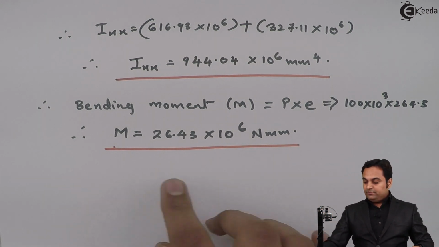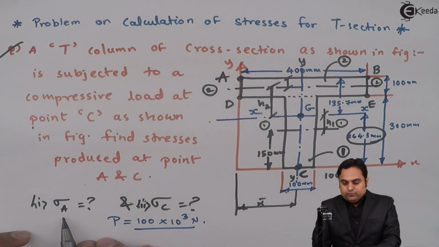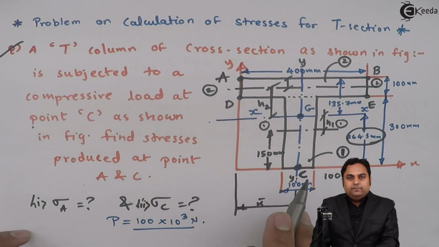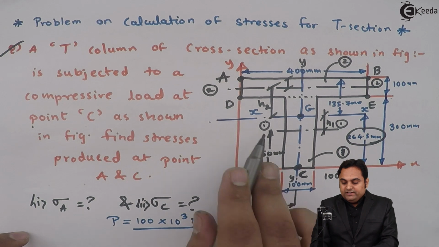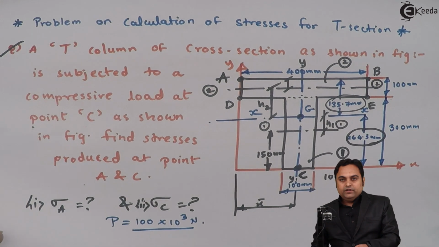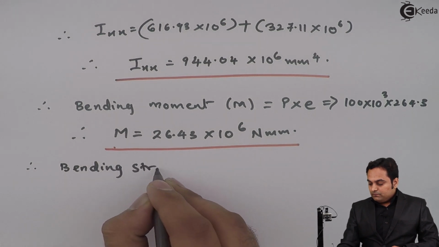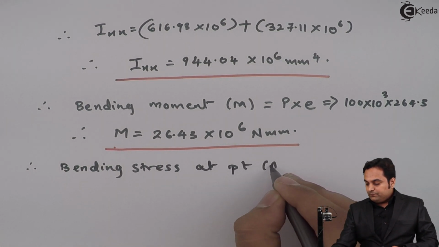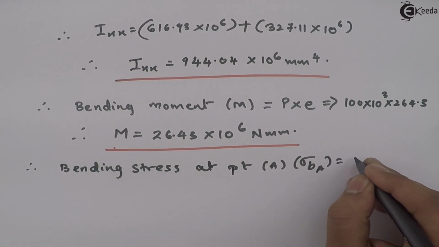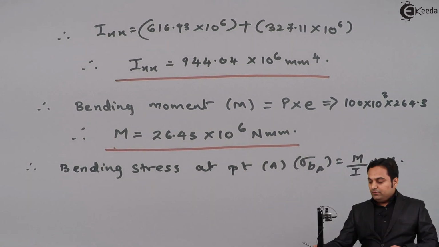Now, after getting the bending moment, as I see in the question, two things are asked: stress at point A and stress at point C. For that we require individual bending stresses, because the magnitude of bending stress will change depending on the value of y bar. So, therefore, the bending stress at point A, that is sigma B A, is equal to M upon I into y, which comes from the flexural equation.